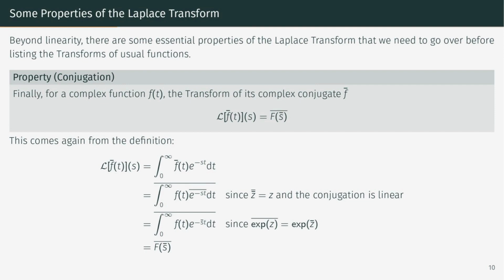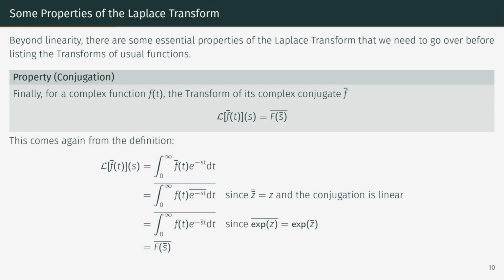This then leads to our last property, called conjugation, which states that for a complex function f of t, the transform of its complex conjugate f bar is given by the Laplace transform of f bar of t equals f of s bar, all bar.